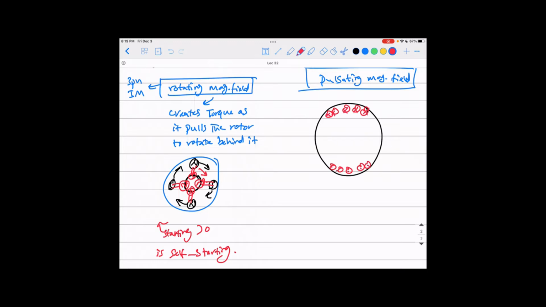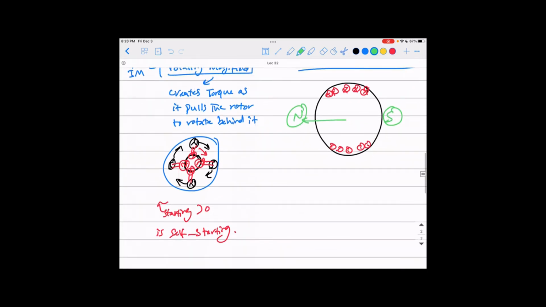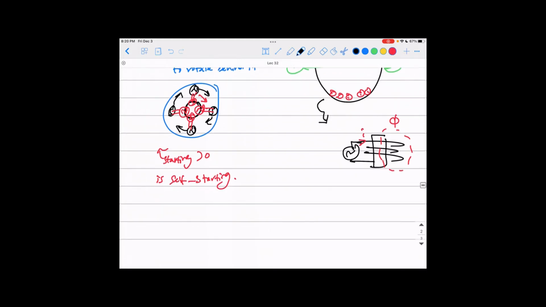This will just create a north pole here and a south pole here. The whole point is it does not rotate. Why? Because you just have a coil, connected to a single phase supply. You have a current going here and this will create a magnetic field here, and that's what we need. But what does this magnetic field look like?